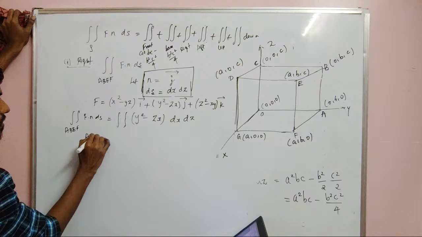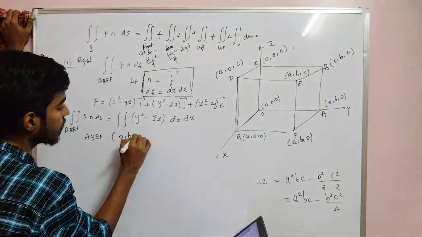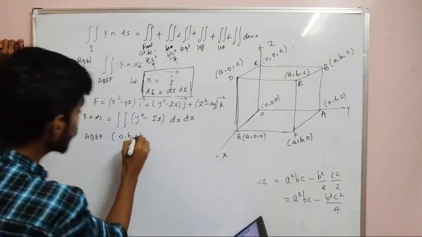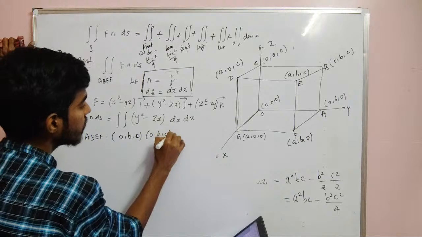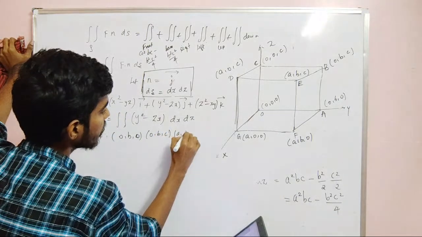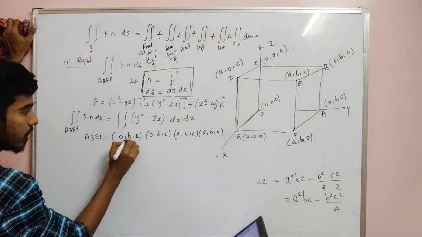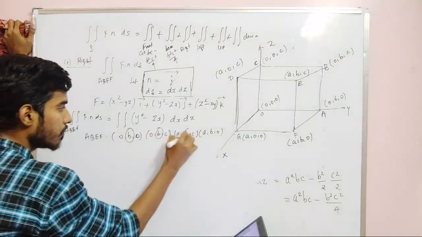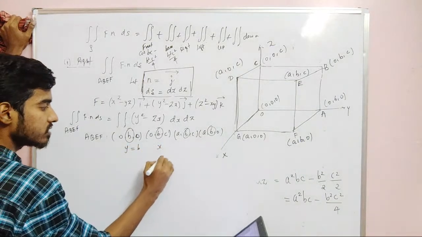So for A, B, E, F, what is A? A is (0, b, c), (0, b, 0), and B is (0, b, c), and (a, b, c), and (a, b, 0). Now you can see y is b. So y is equal to b, x and z are varying.